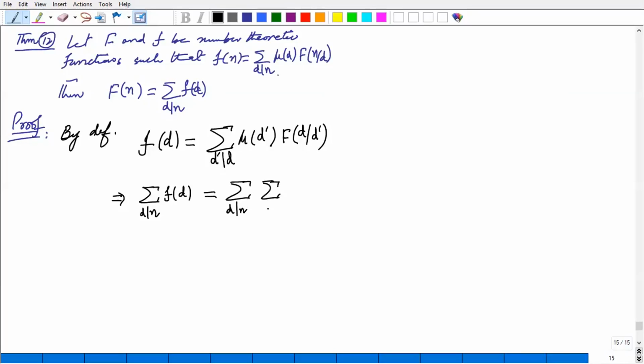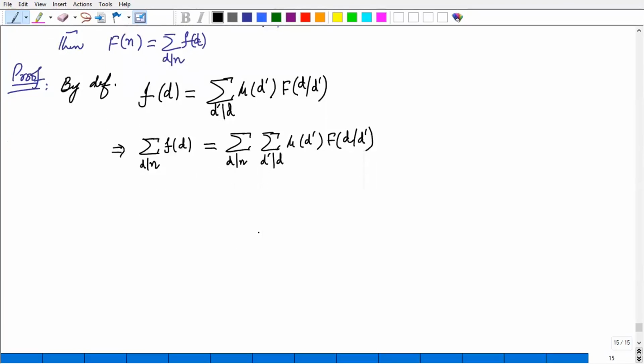We already have another sum. d prime runs over, the sum runs over the positive divisors of d, μ(d prime), f(d by d prime).